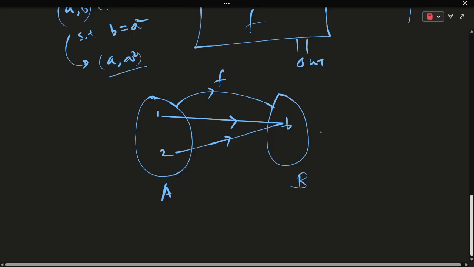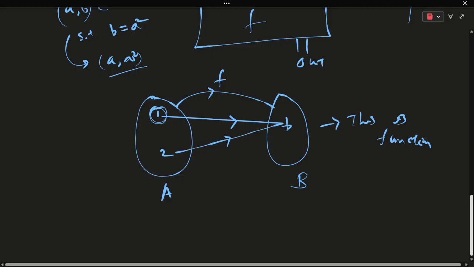Okay, this is a function. This is a function because for this one, for this one the image is unique.